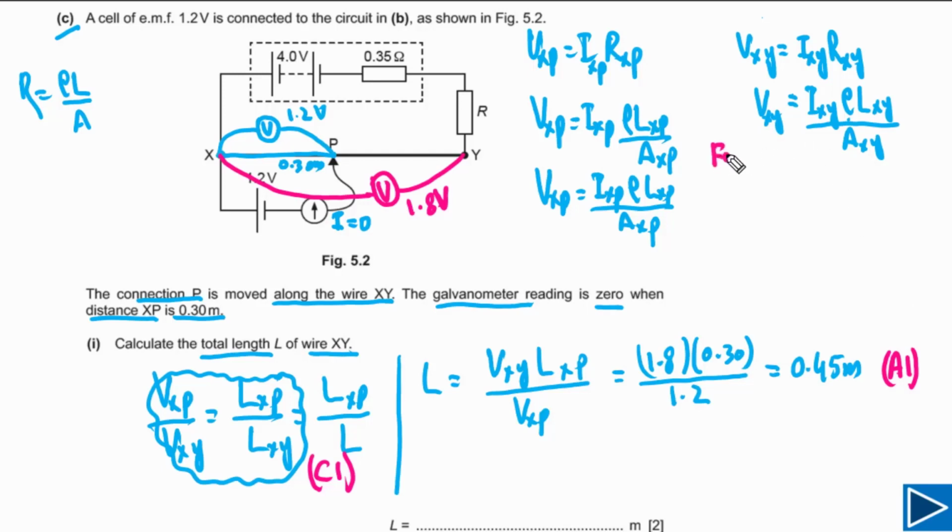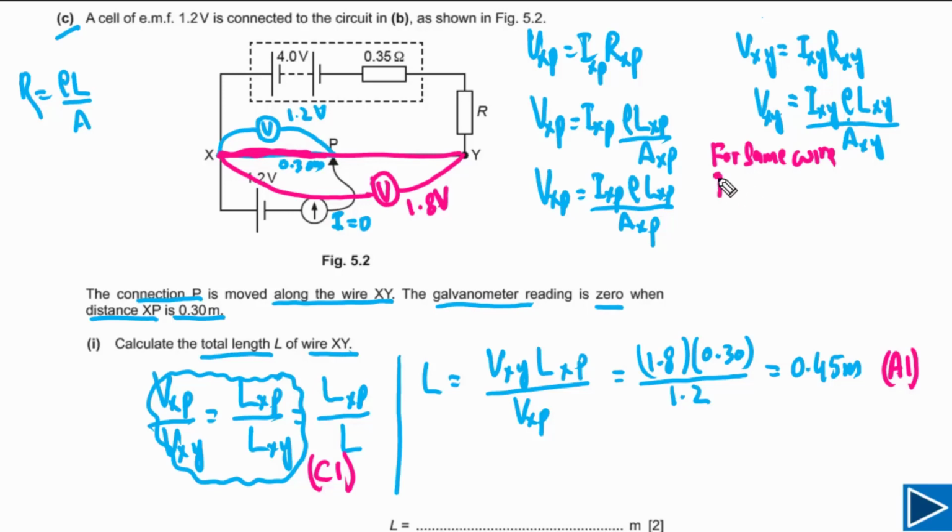For the same wire, because in this question we are talking about this wire and this is the same wire. We are talking about this same wire, and for this same wire, now we need to understand what is the same for XP and for XY.